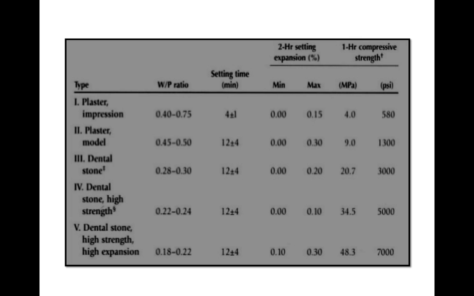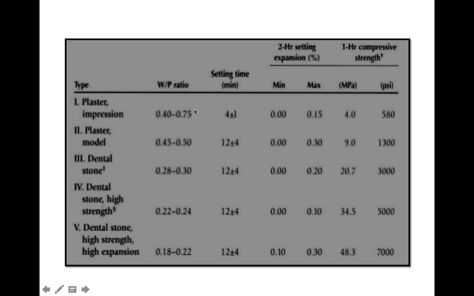So going into detail, this is again one of the important tables, taken from the gypsum bonded products, which is very important from the examination point of view. I don't know why the paper setters really love these MCQs. So going to the first part, type 1 is plaster impression, type 2 is plaster model, type 3 is dental stone, type 4 is dental stone, high strength, type 5 is dental stone, high strength and high expansion.